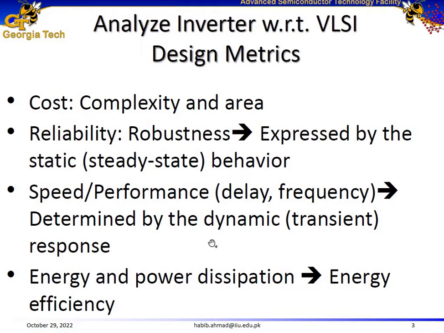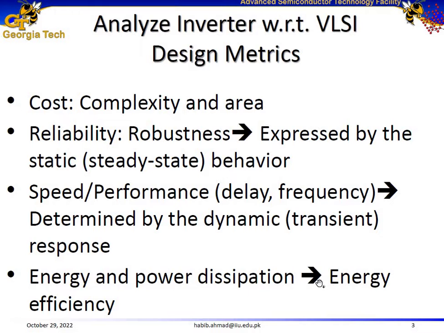So because of these capacitances, depending on the input voltage, it's going to take time to charge or discharge these capacitances, and that determines the dynamic or transient response, or how long it takes for the capacitor to fully charge or discharge. And this dynamic or transient response will determine the speed or delay of the inverter.